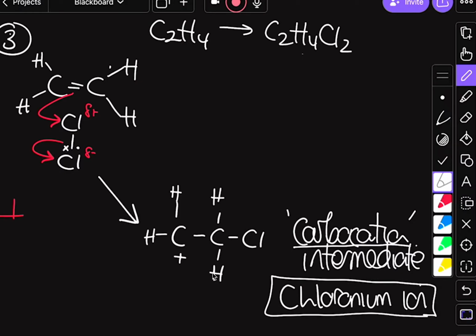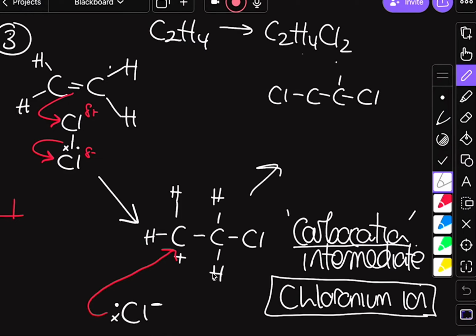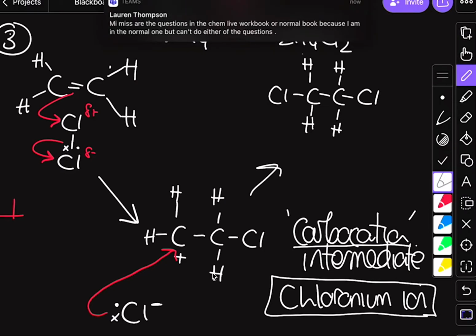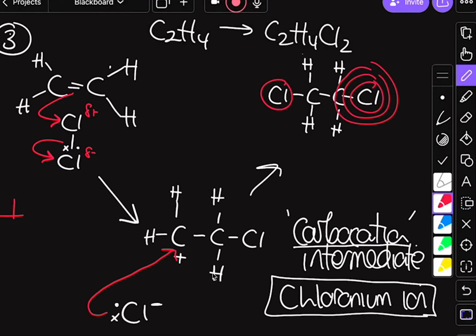So we have our chloride ion down here, fully negative, no partial charge, and this negative anion is going to go after our carbocation, forming our product. We always put our halogens on the sides. The chlorine will have 3 outer shells here, so 1, 2, and 3, as will this one.